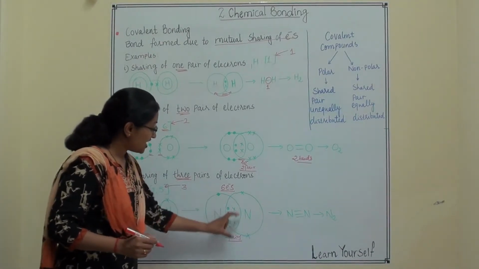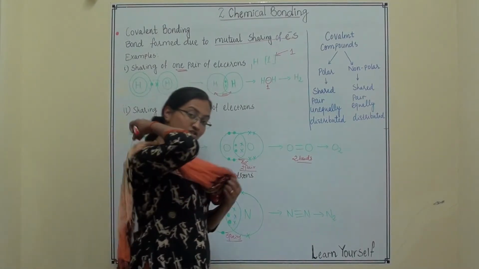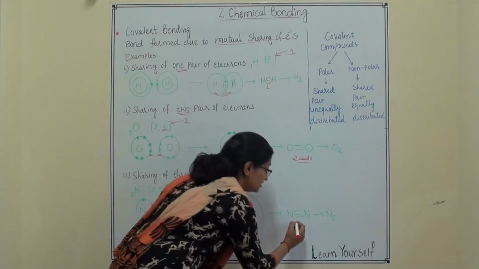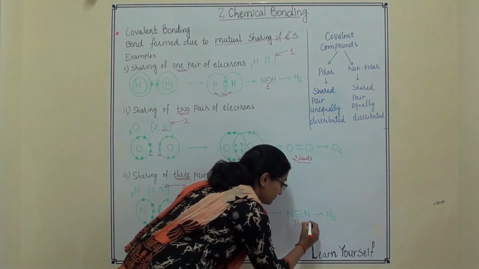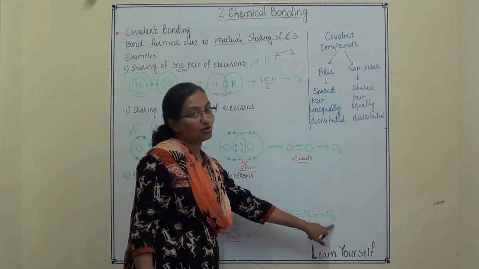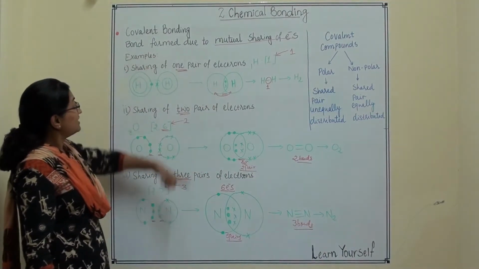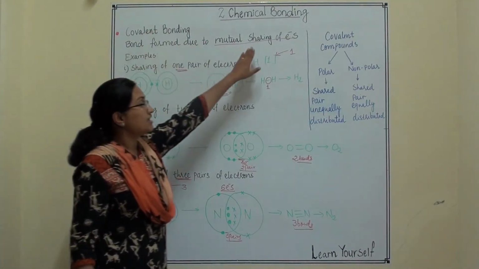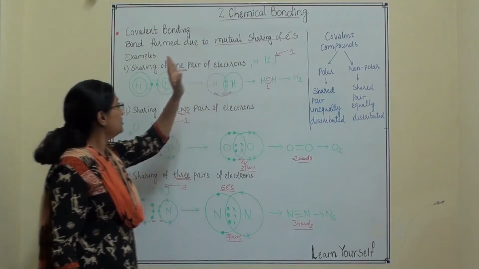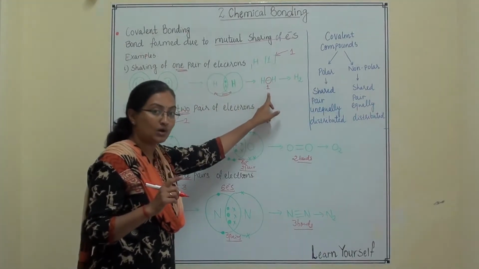So by sharing 6 electrons, 3 pairs of electrons, nitrogen atoms will form 3 bonds between them, and they form the N2 molecule, nitrogen molecule. So once again, covalent bonding is a mutual sharing of electrons. When they share 1 pair of electrons, they make 1 bond.